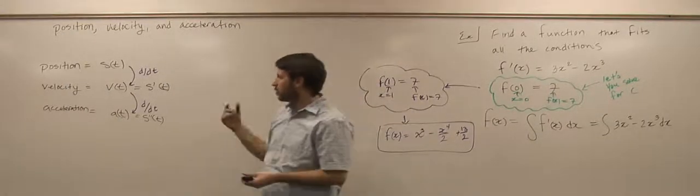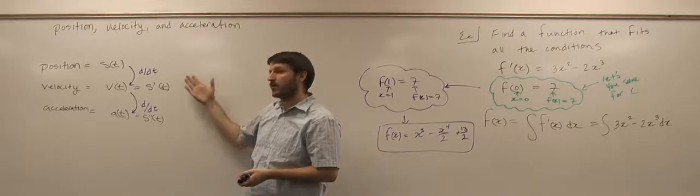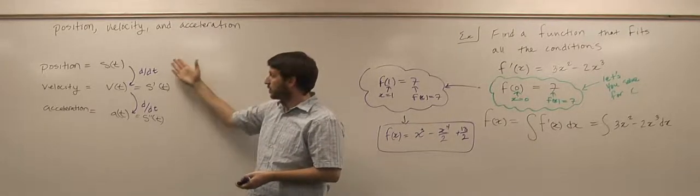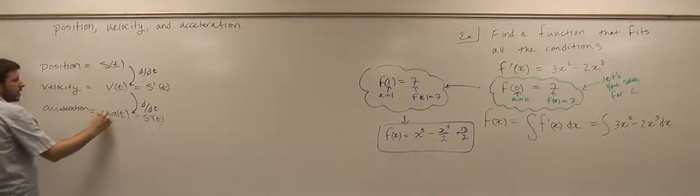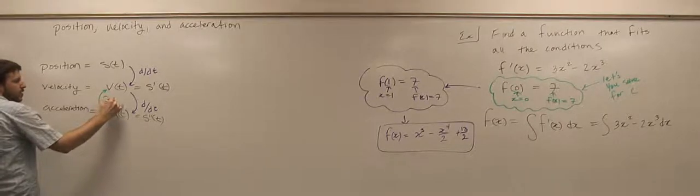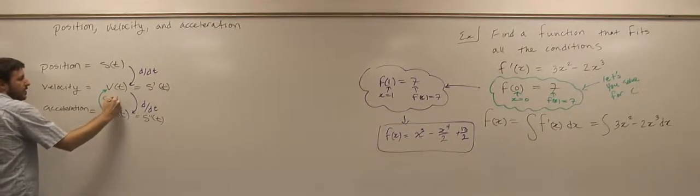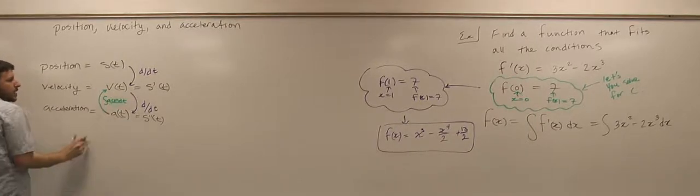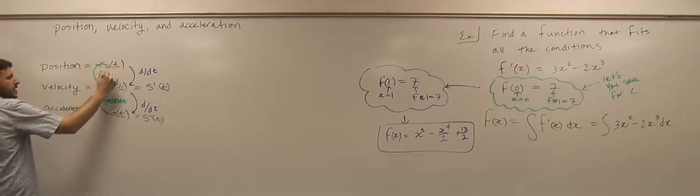Which means, given what we've just talked about in this section, you can now go backward. If I give you an acceleration, you can apply an integral to go back to velocity. You can do an integral with respect to time, integral of a of t dt. And you can go back from velocity to position by the integral of v of t.